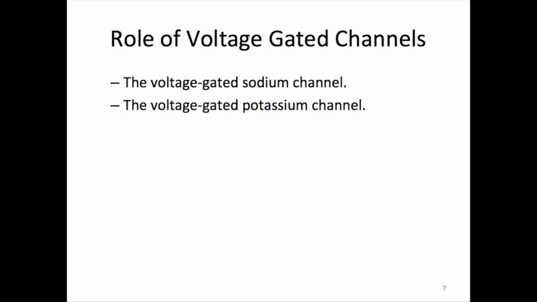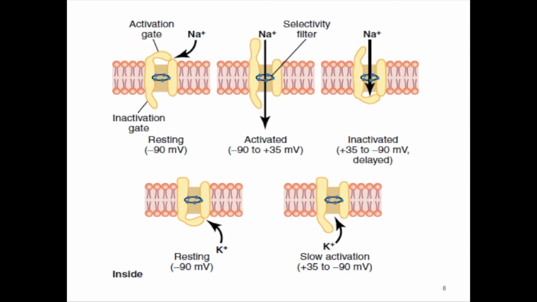Voltage gated channels have a vital role in action potential, so let's dive into their detail. Voltage gated channels are of two types: the voltage gated sodium channels and the voltage gated potassium channels. Now keep in mind that these voltage gated channels are in addition to the sodium potassium pump and the potassium leak channels.